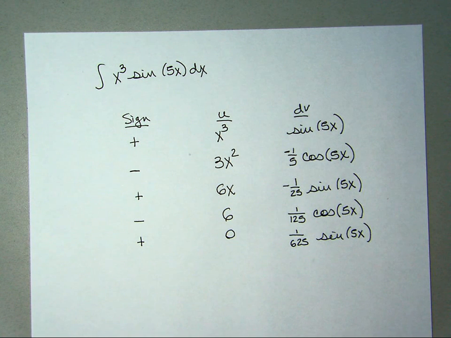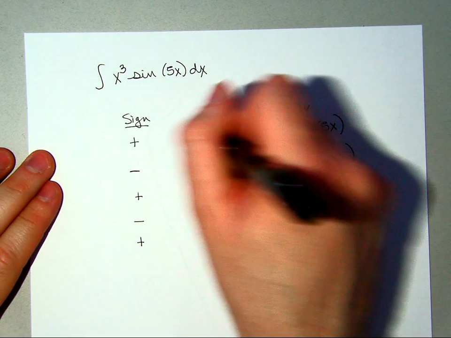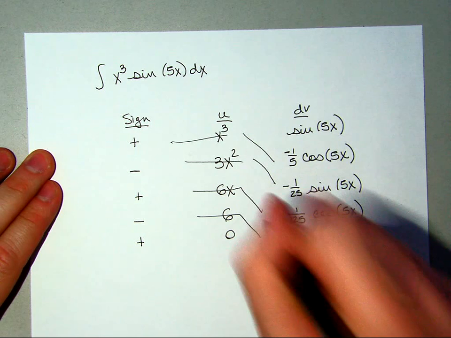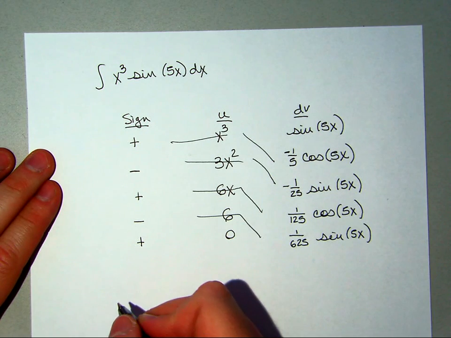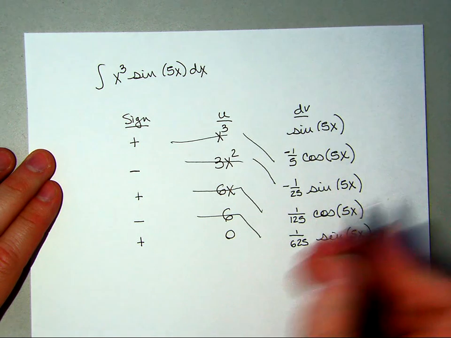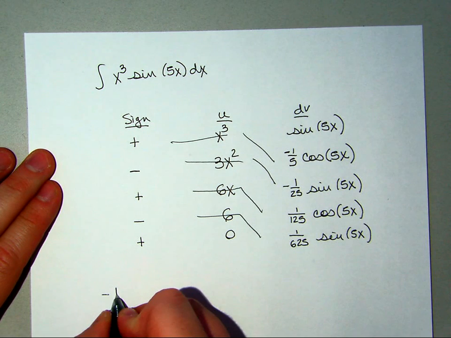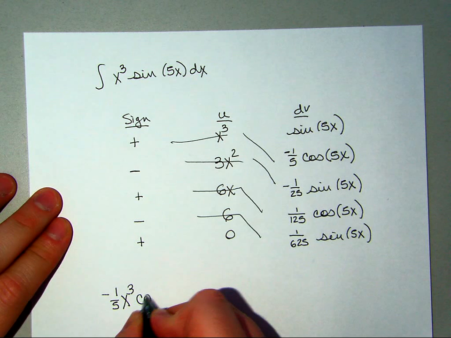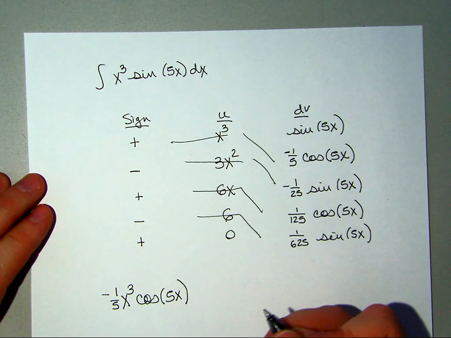Okay, I'm going to connect this thing. I am going to get not positive for my first term. Sure, this is positive, but this sign over here will make that entire term negative. I'm going to get negative 1/5 x cubed cosine 5x. Plus or minus for your next term? Plus. I have a minus, but I have another negative as well.